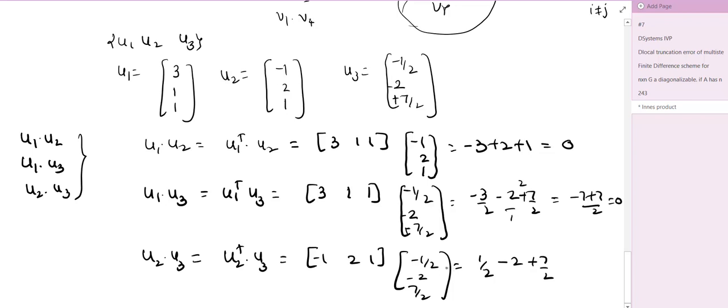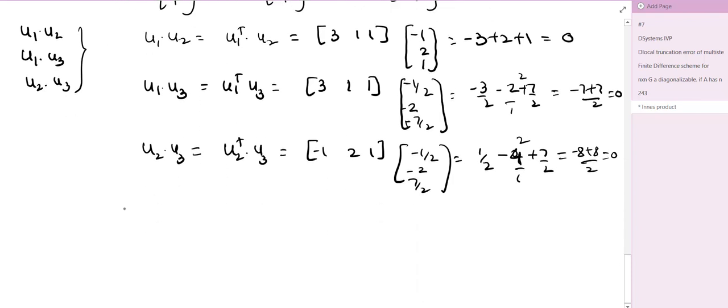So this will be minus 8 plus 8 by 2, which is equal to again 0. You can observe all three distinct pairs, that is u1 dot u2, u1 dot u3 and u2 dot u3, are equal to 0.